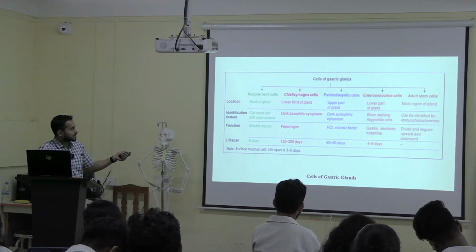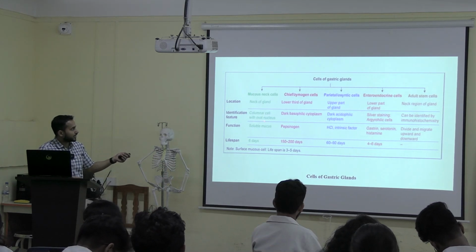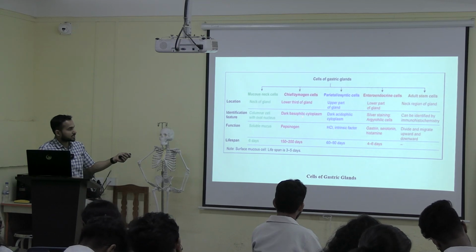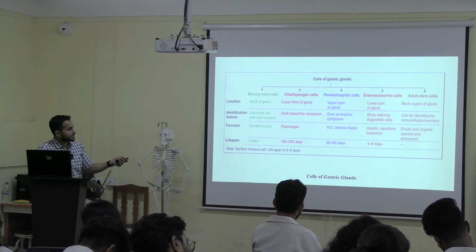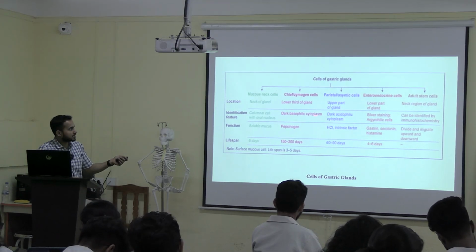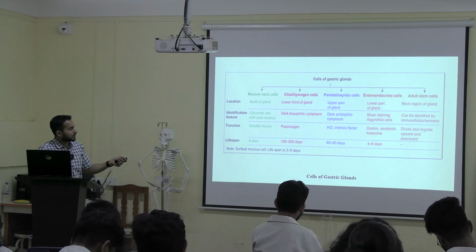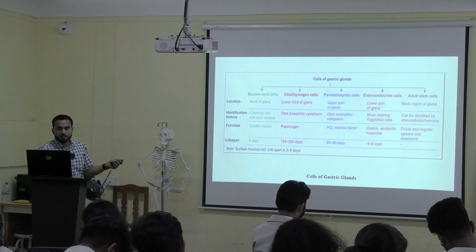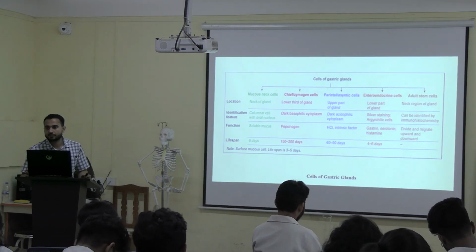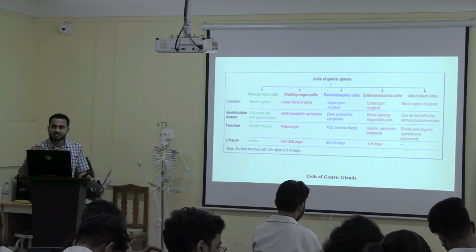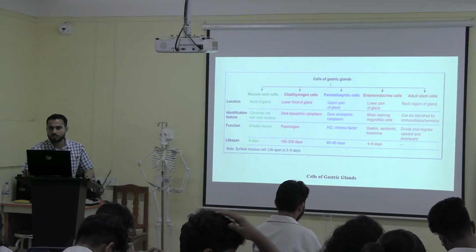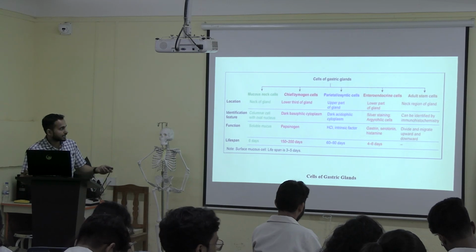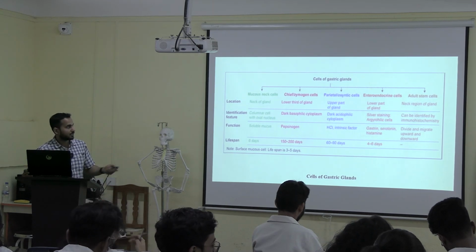First of all, identification: the chief cell is a columnar cell with an oval nucleus and dark basophilic cytoplasm. Here you can see acidophilic cytoplasm. These are two differences between the parietal cell, the oxyntic cell, and the chief cell. Next, enteroendocrine cells are also called argentaffin cells. Why? Because they stain with silver nitrate or silver salts. That's why they are also called silver staining cells.